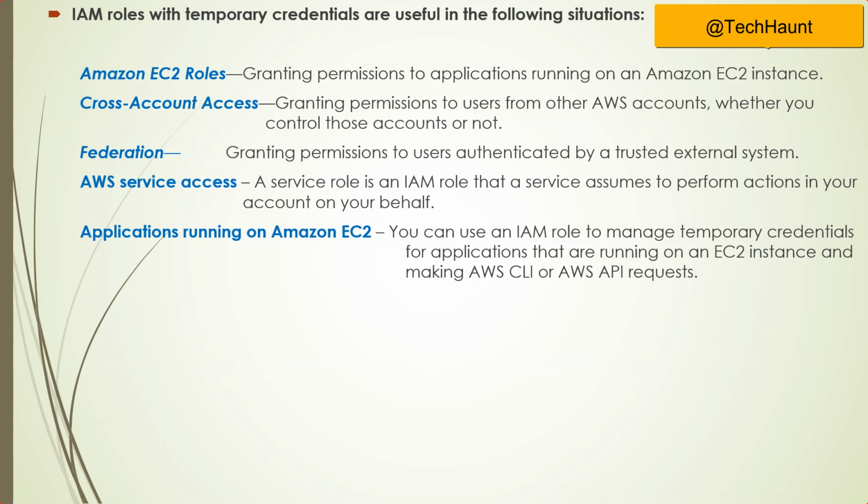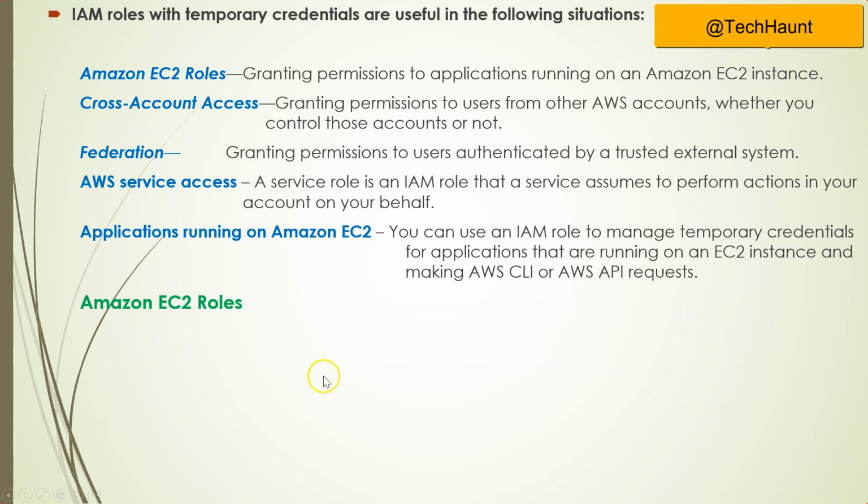Applications running on Amazon EC2: you can use an IAM role to manage temporary credentials for applications that are running on your EC2 instance. Don't get confused with EC2. We will cover in detail what an EC2 instance is, but for now you can understand EC2 as our servers in the AWS cloud environment, making AWS CLI or AWS API requests. So, Amazon EC2 roles.